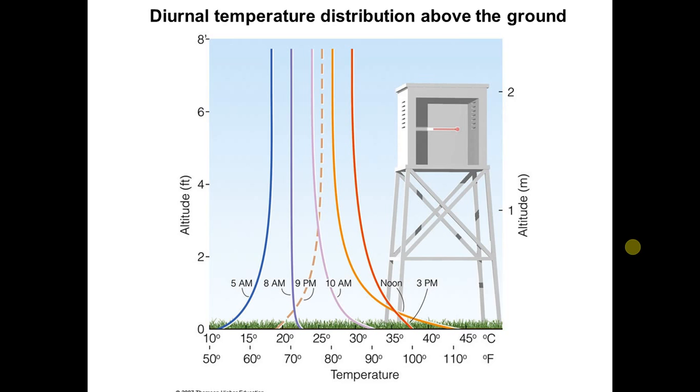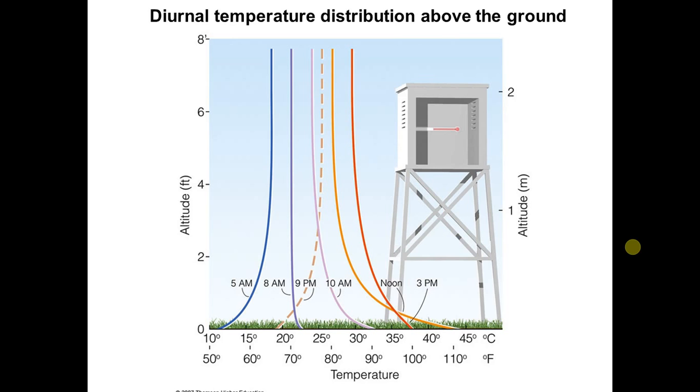Okay, so we've talked about how the ground warms up faster during the daytime and cools off faster at nighttime. So there's a greater variation in temperature over the course of a day at the ground compared to a few feet up, right?